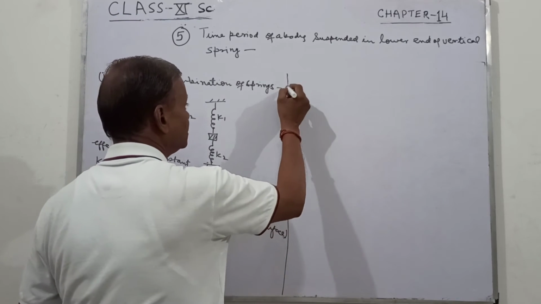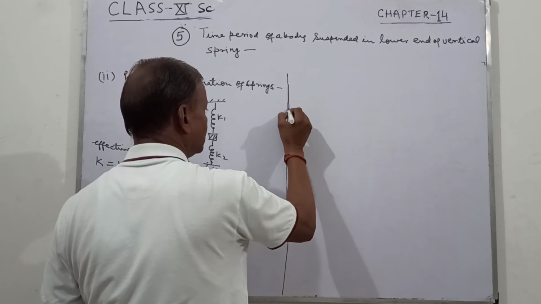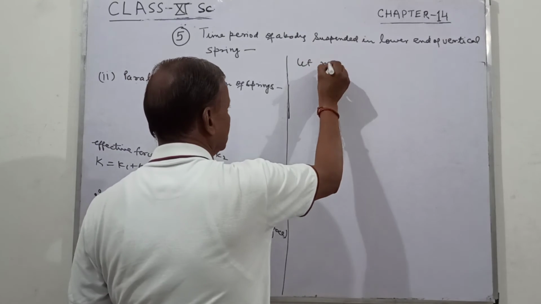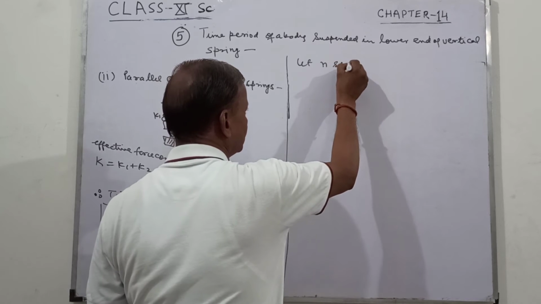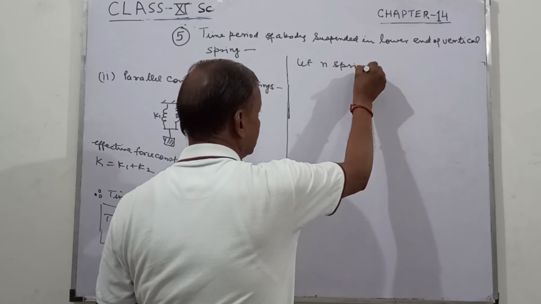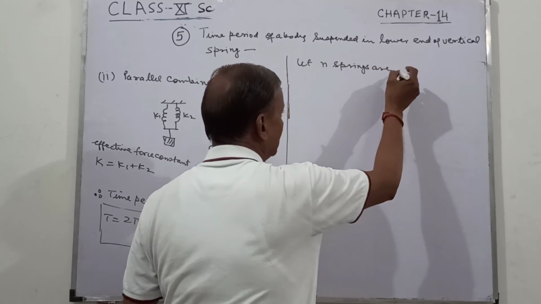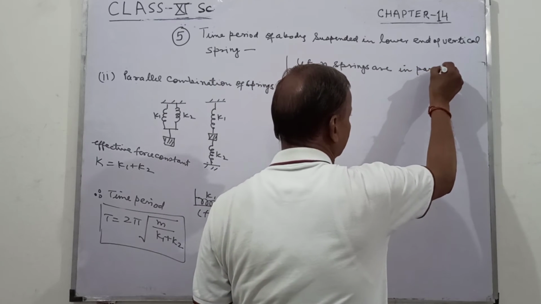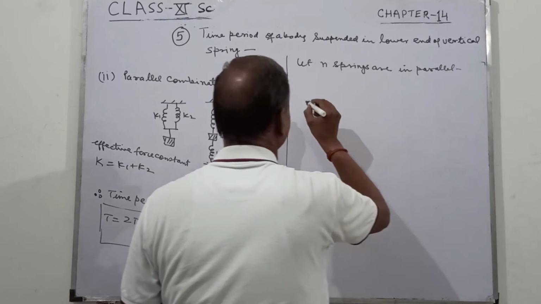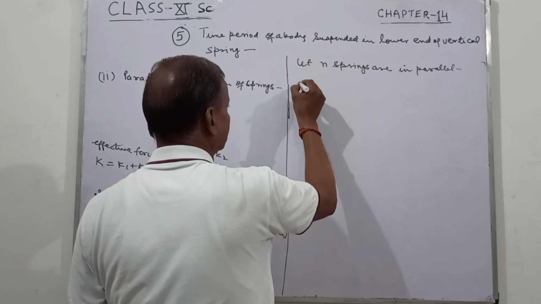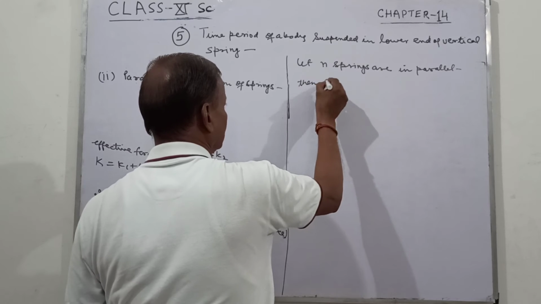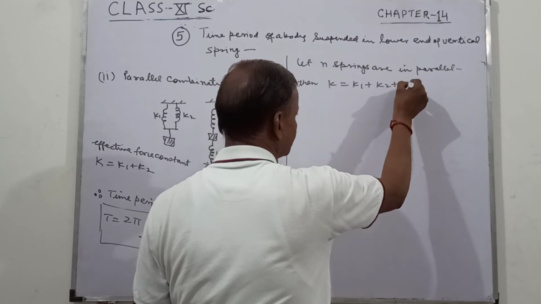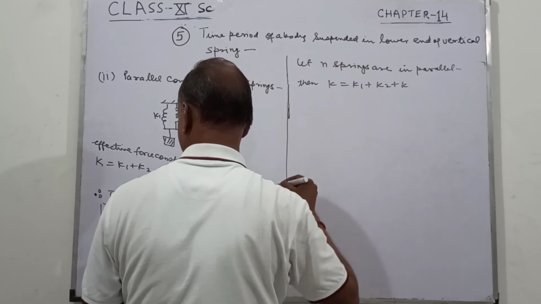Let n springs are in parallel, then K equal to K1 plus K2 plus K3.